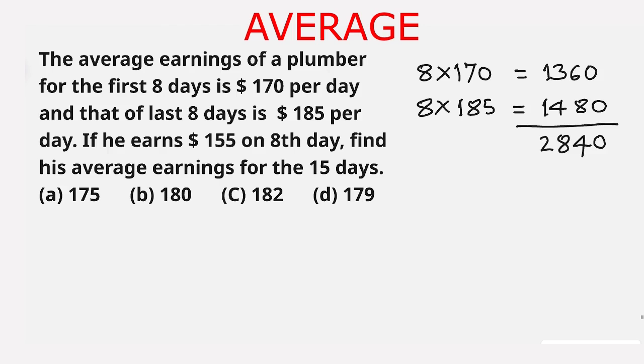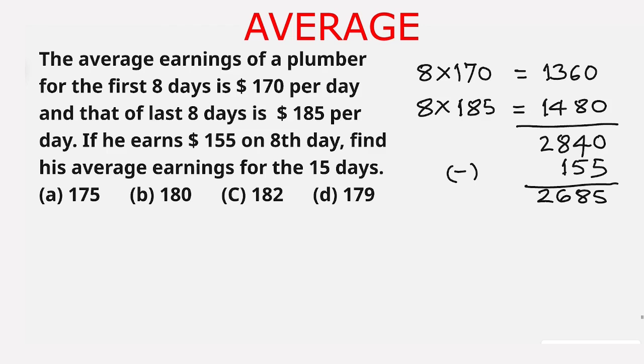So we will subtract the earning of 8th day and then we will get the total earning for the 15 days. So we subtract 155, which is the earnings of 8th day, from this, and we will get 10 minus 5 is 5, 13 minus 5 is 8, and 7 minus 1 is 6, and 2 as it is.